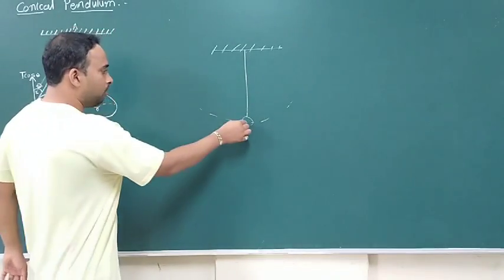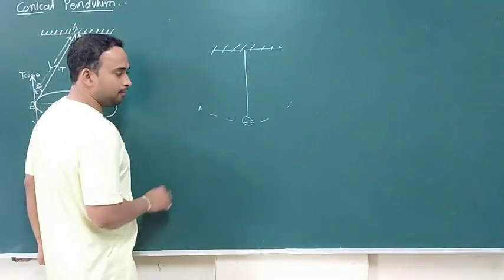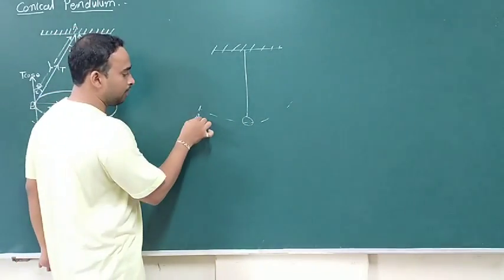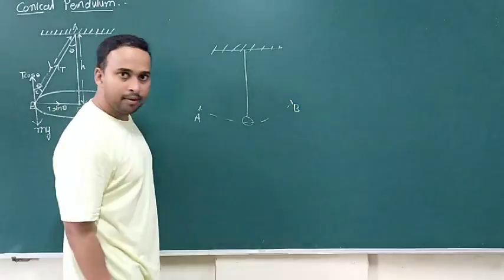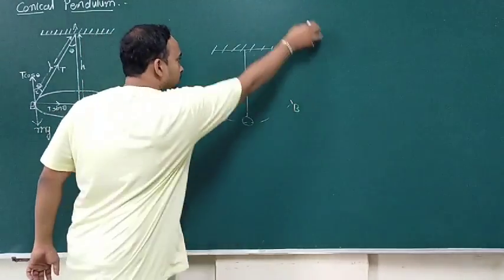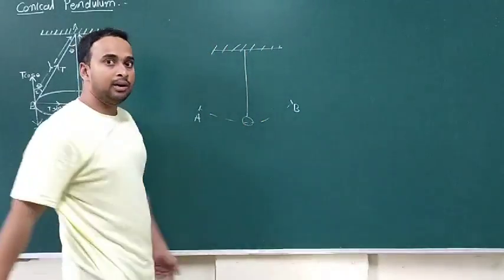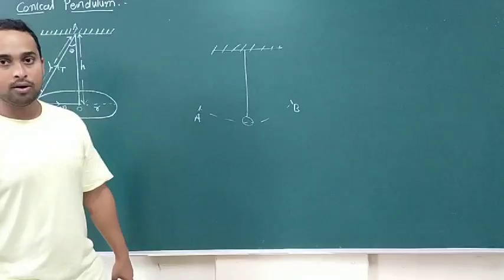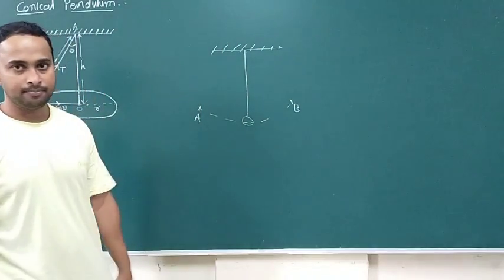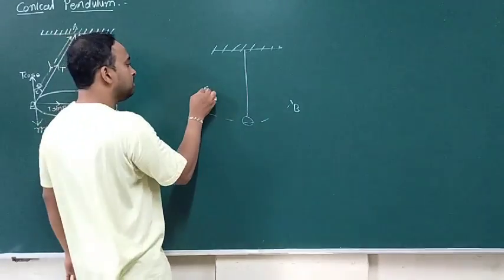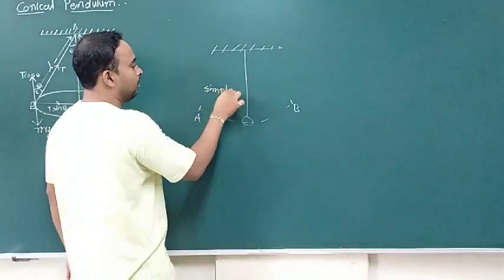This bob is placed here at position A and then released. Then this bob reaches B. That means the bob is moving in a vertical circle. This is the simple pendulum.